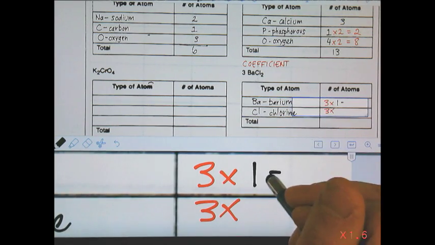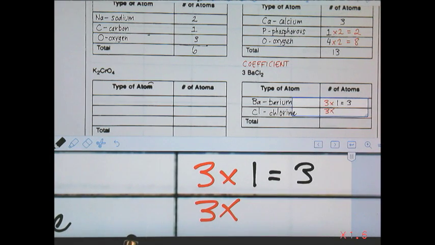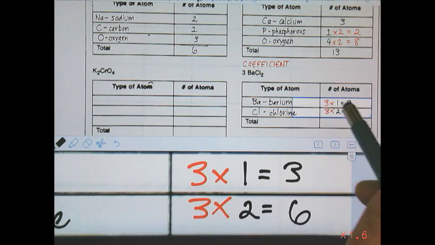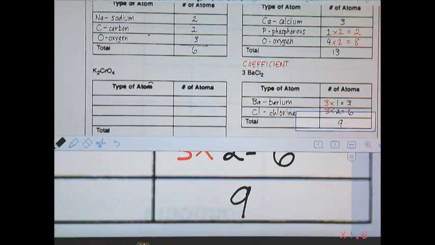So there are 3 times 1, which is 3 atoms of barium in 3 barium chloride. The number beside chlorine is 2, so there are 3 times 2, which is 6 atoms of chlorine in 3 barium chloride. 3 plus 6 is 9, for a total of 9 atoms in 3 barium chloride.